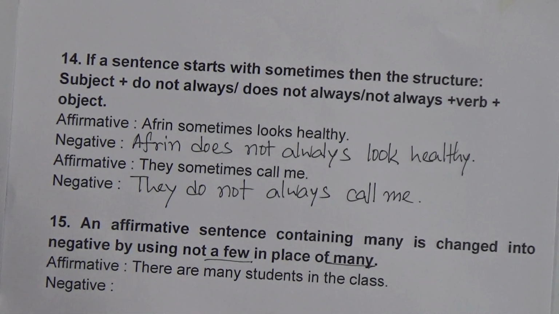There are many students in the class. So what will you write in place of "many"? Yes, "a few." Okay, let's do it. There are many students. At first we will write "there are," and we will write "a few" in place of "many."